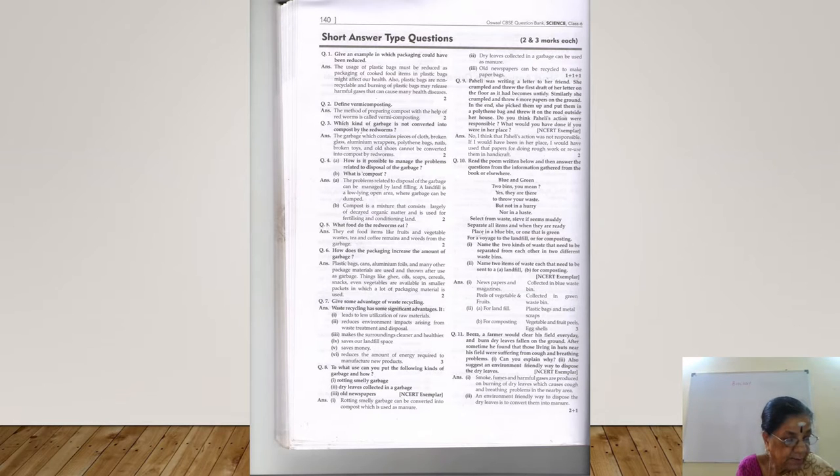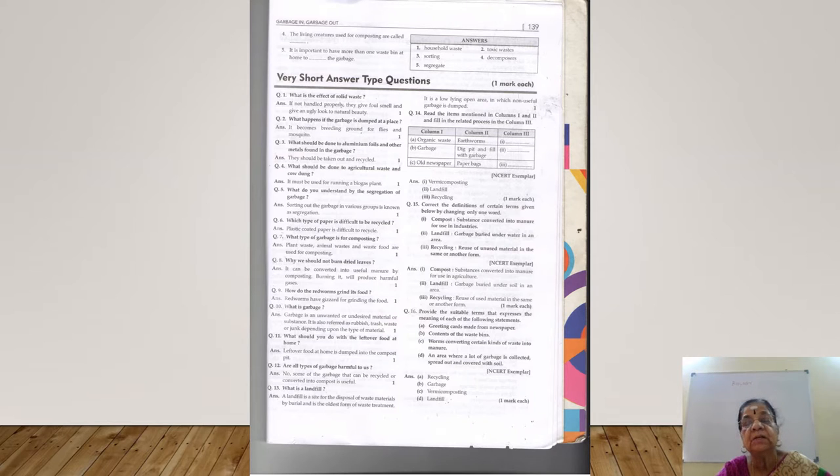So an environmentally friendly way to dispose of the dry leaves is to convert them into manure. So this is a sample of questions, and நம்ம இதுக்கு exemplar question சொல்லுவோம். நம்ம புக்ல பேலி அண்ட் பூஜோ நிறைய டவுட் கேட்கறாங்க, அதனால அதுக்கு பேரு exemplar question.